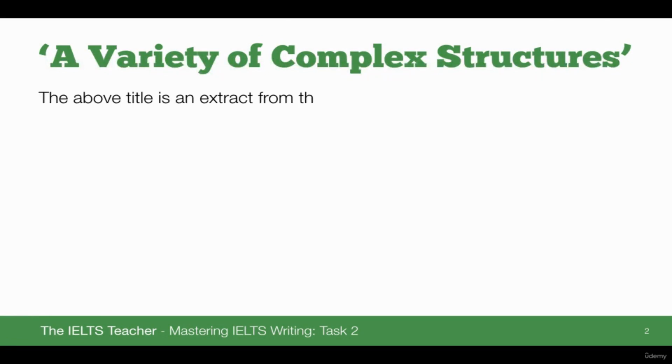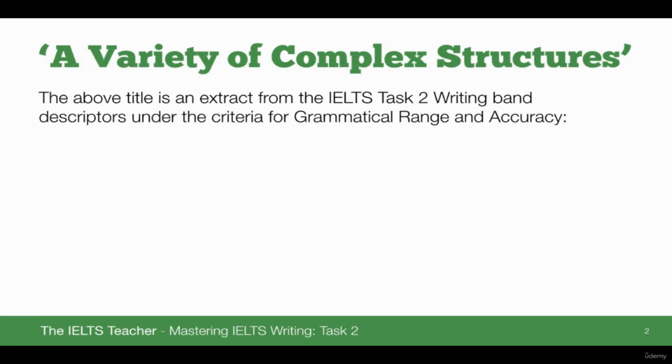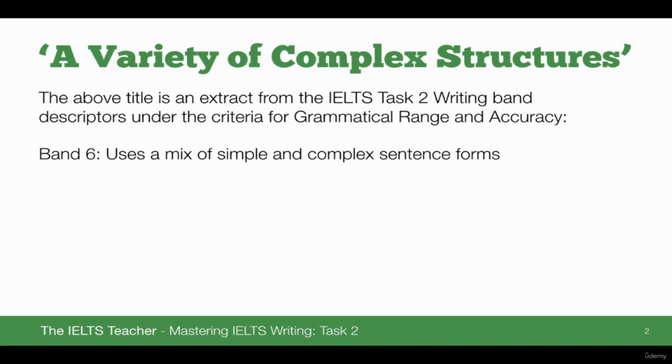We're going to think about the band descriptors again. Now, a variety of complex structures. You can see that above. This is an extract from the IELTS Task 2 Writing Band Descriptors under the criteria for grammatical range and accuracy. Band 6 says uses a mix of simple and complex sentence forms. Already, even at band 6, you can see complexity is required.